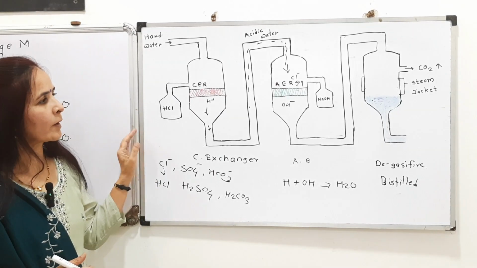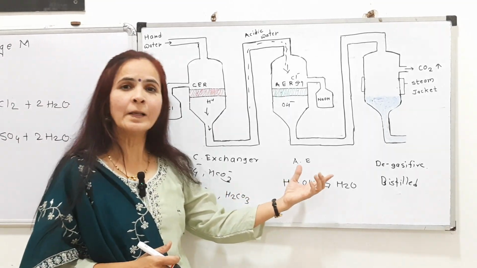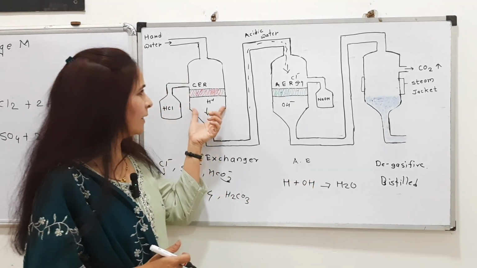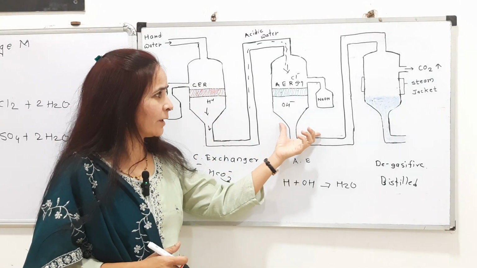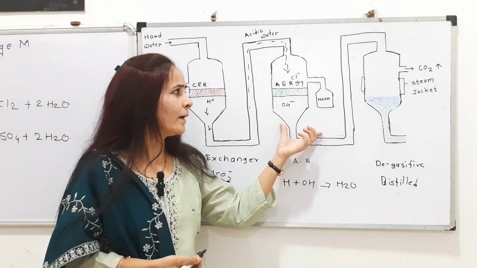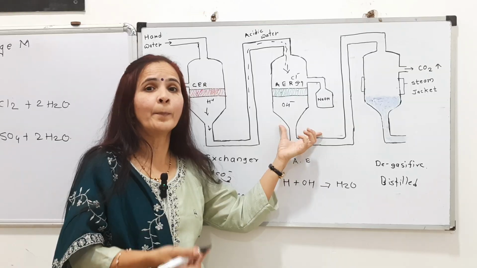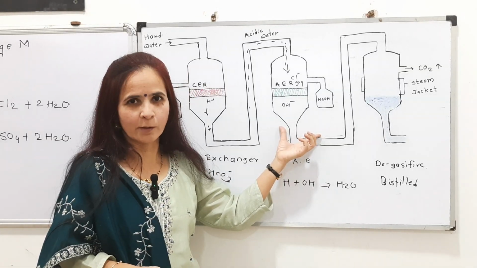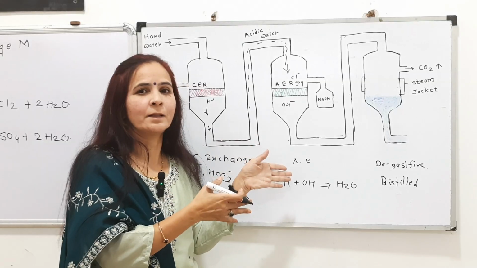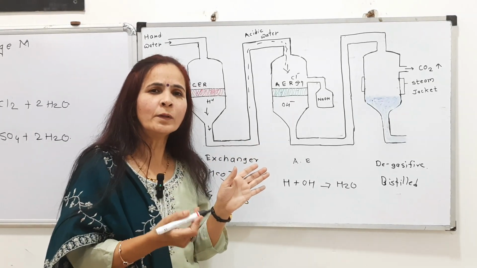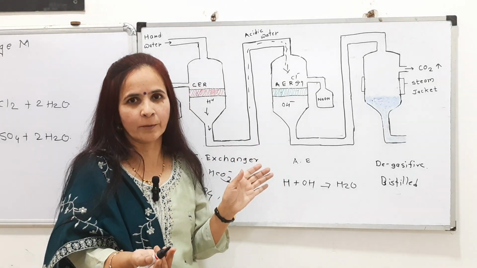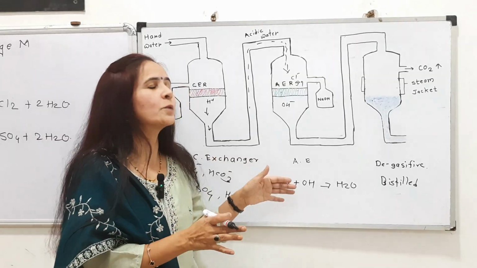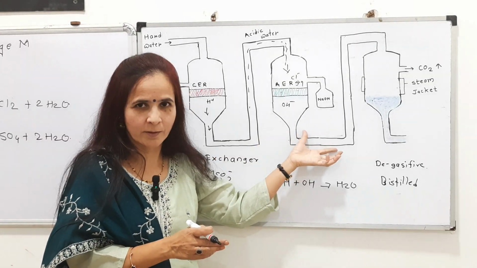From this method we get cation-free, anion-free water, and the method is applicable for acidic water and alkaline water also. By this method we get only 2% of the hardness of water. These are the advantages of the ion exchange process.